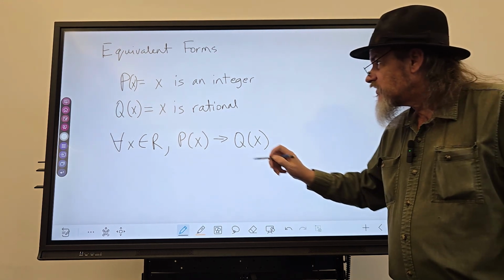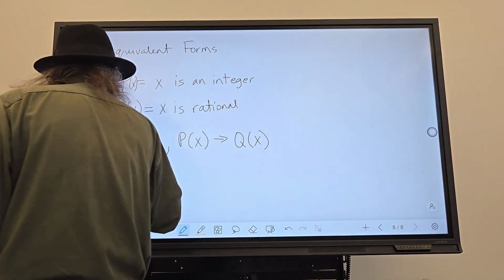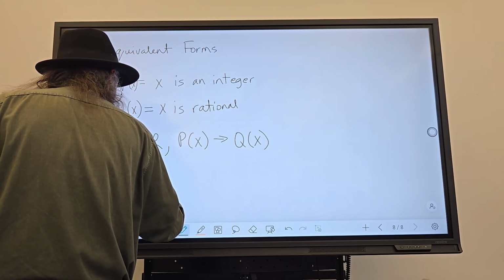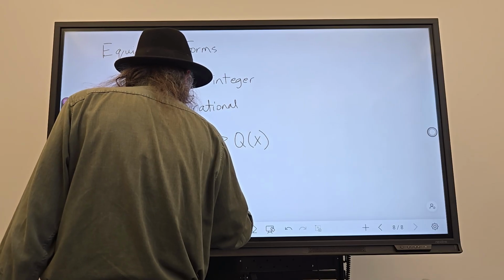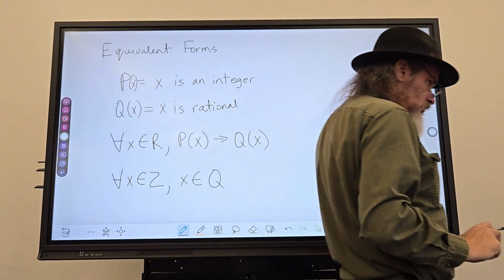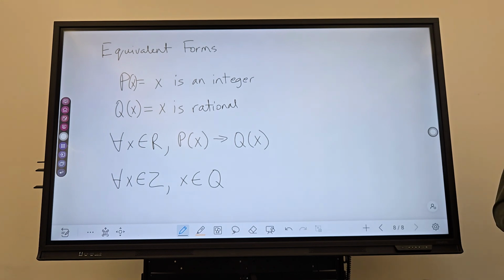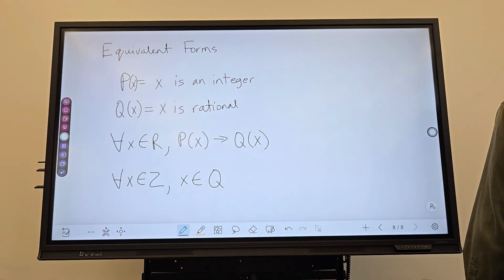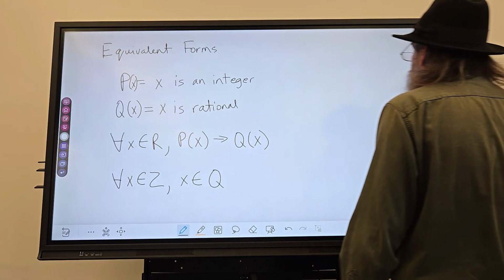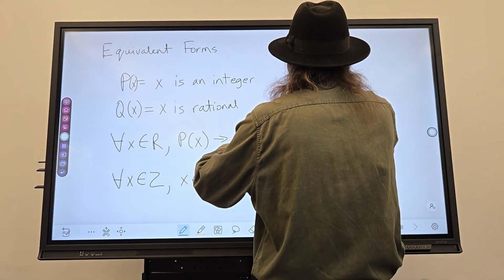But since this defines a set here, it can also be written as: for all x element of Z, x is an element of Q. In short, where D is a subset of U consisting of all values of the variable x that make P of x true, you have two sets.